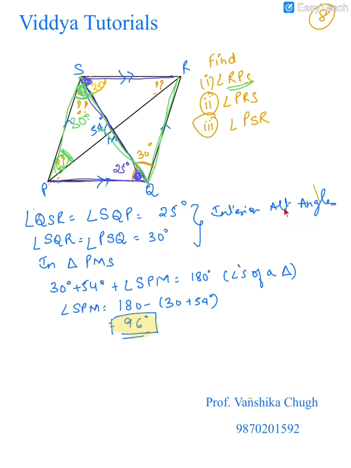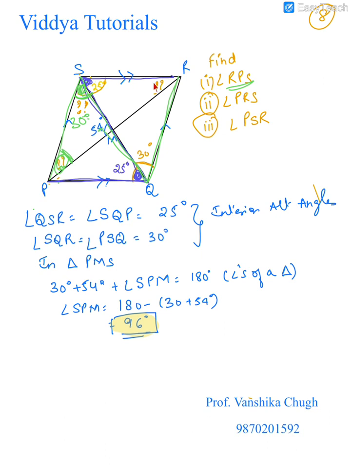Again, interior alternate angles, located with the alphabet Z. Now first angle to be found was this, which is RPS. So I can go in the triangle PMS and I have two angles with me, 30 and 54. So 30 plus 54 plus SPM is equal to 180, angles of a triangle. And I get the value of SPM as 96, which is the same as RPS. So first angle has been found.